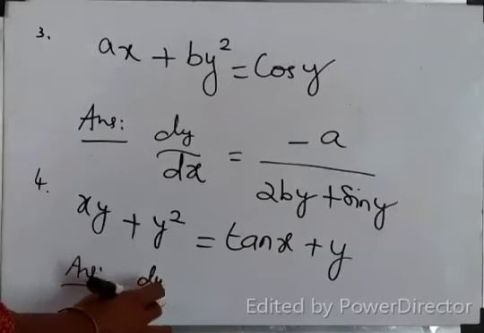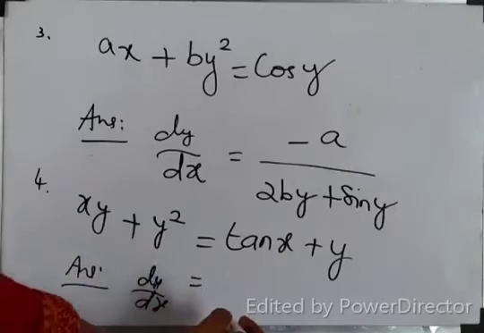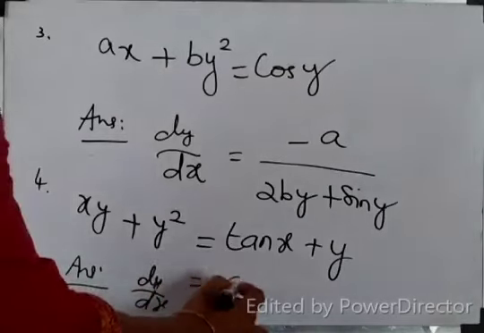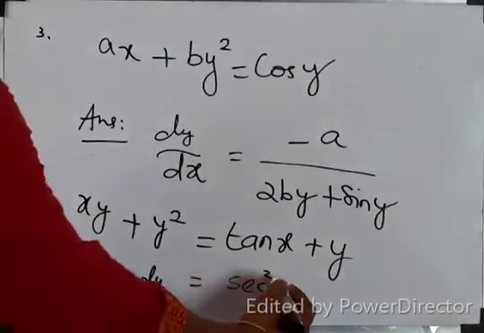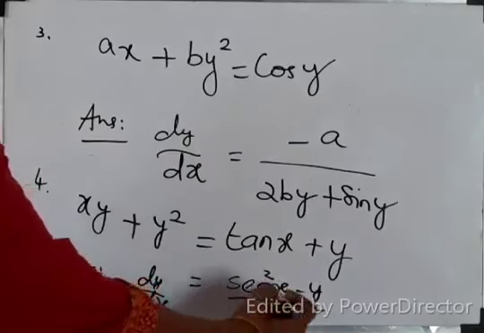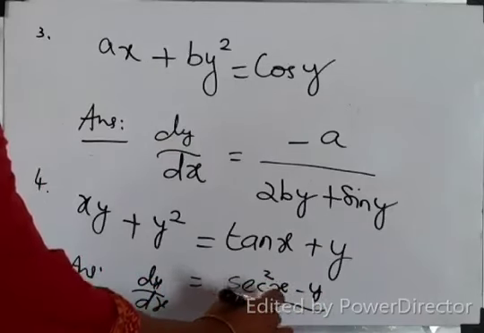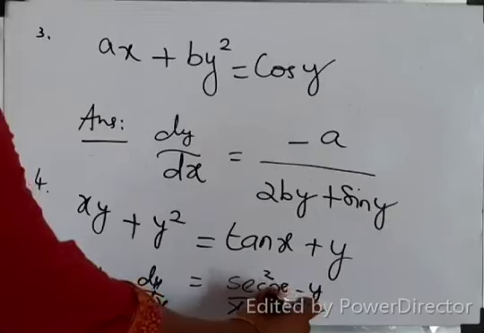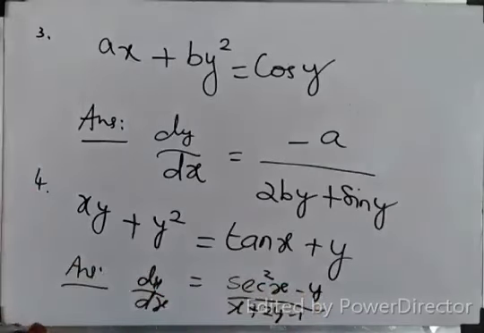dy by dx equal to (secant squared x minus y) divided by (x plus 2y minus 1). Is it clear?